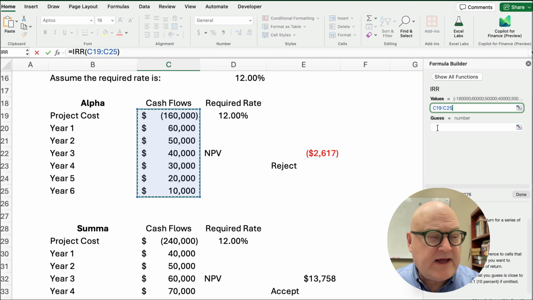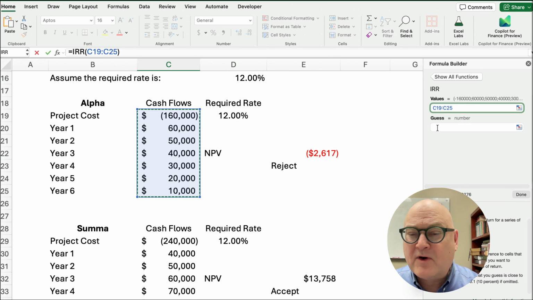Excel is old. Excel is 40 years old now. It came out in 1985, so in 2026, Excel is 41, right? Back 40 years ago, it was a helpful thing to put in 10%, and it would start at 10% and then work either up or down. But our computing power is so much faster now that we don't have to guess.